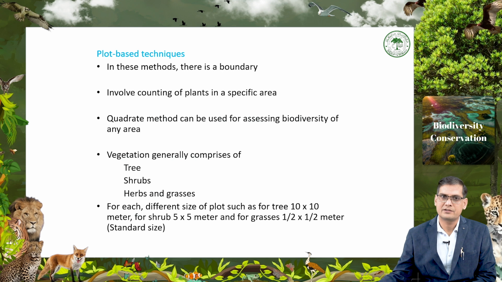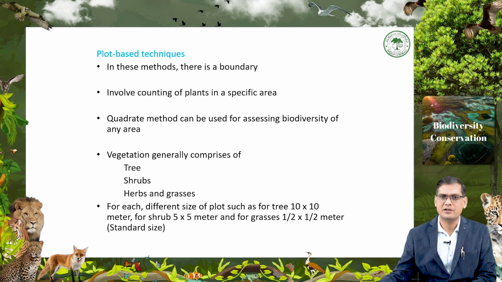Plot-based techniques. In plot-based methods or techniques, there is a boundary and sampling is done within the boundary. These methods involve counting of plants or determining the cover of plants or vegetation in a specific area. Quadrat method can be used for assessing biodiversity of any area and the cover of vegetation of any area.